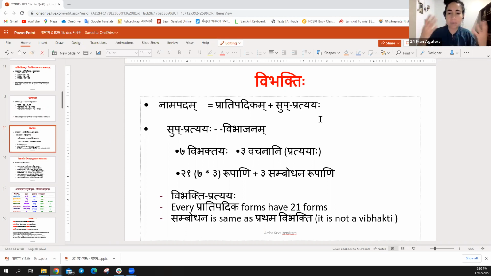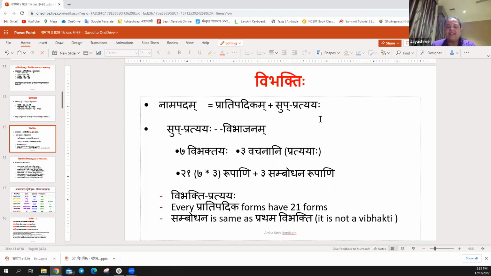It can be seen in 21 forms in the different vibhaktis, from 1 to 7, Eka to Saptami vibhakti, but there's one extra addition of the Sambodhana, and because we have Trini Vachanani, we will have these 21 different forms.